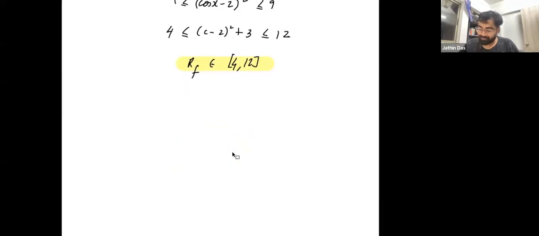Okay, next one. This will have to complete the square also. y is equal to cos square x minus 4 cos x plus 13.